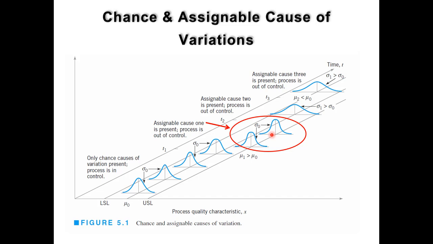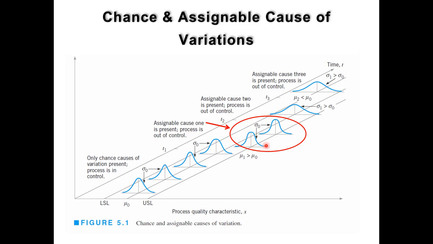Because of that, we are saying that for these two data distributions, an assignable cause is present, and as such, the process is said to be out of control.